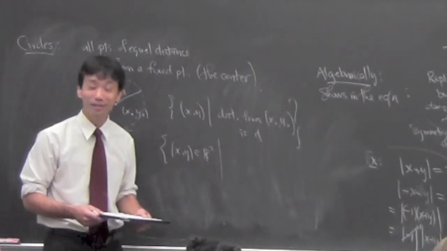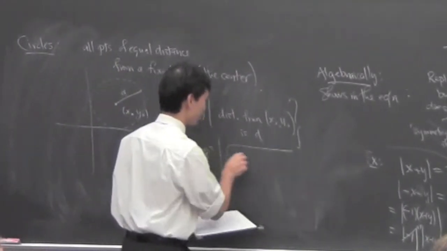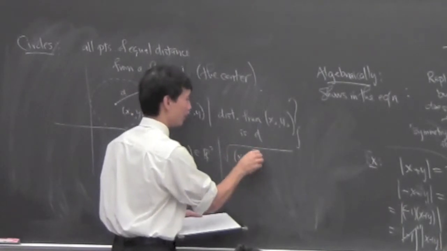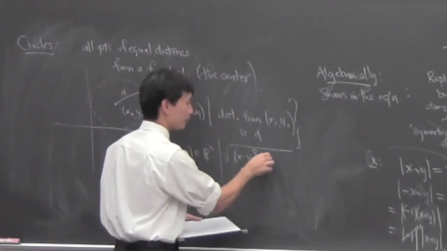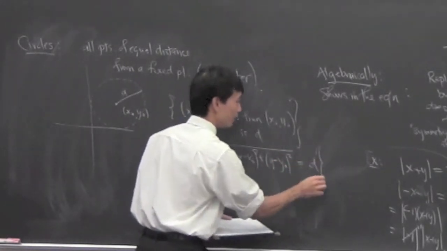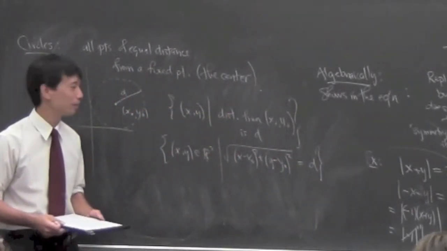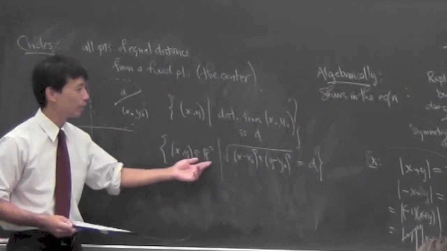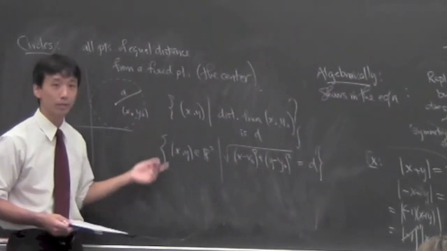It's the square root of x naught minus x whole square plus y naught minus y whole square is d. Okay, right. All points in the plane whose distance to that center is d.